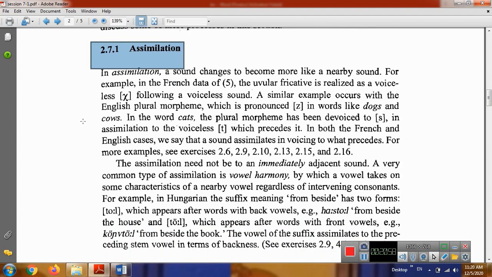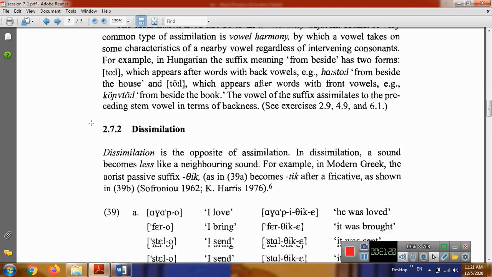Another type of assimilation happens between two non-adjacent sounds, for example vowels, which we call vowel harmony. Please read articles about assimilation and vowel harmony in your language to learn them better.